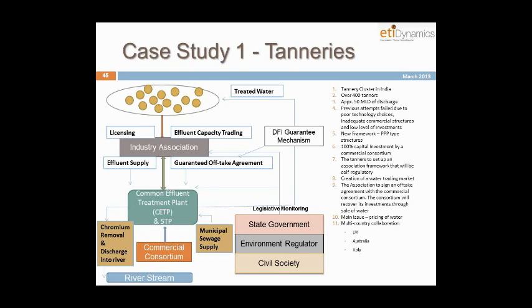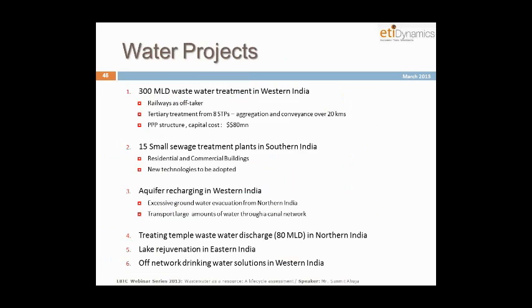So we are working on a model to develop a project where there is a PPP model, and there is a common effluent treatment plant with cutting edge technology specialized for chromium reduction, because chromium is the main issue with the tanneries. And we get the government as the guaranteed off-taker of the water which is being purified at a certain cost, so that we can make a business model, and this is a model with a revenue, so that this can sustain.